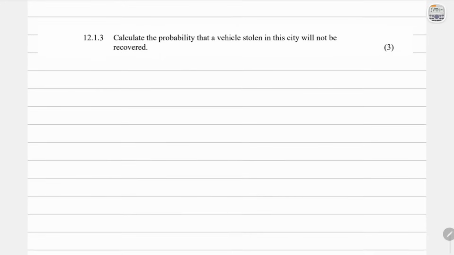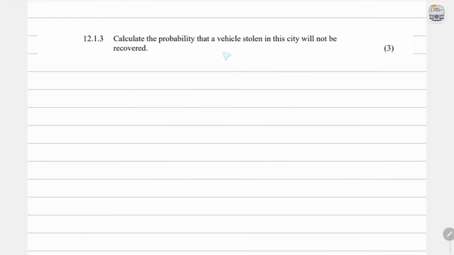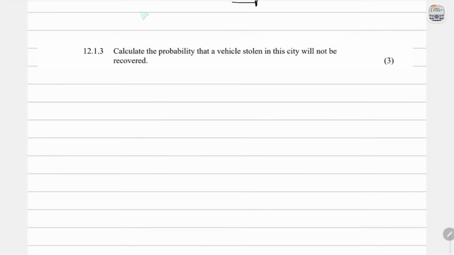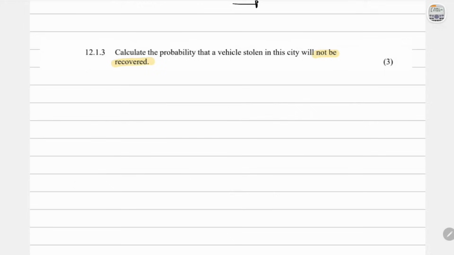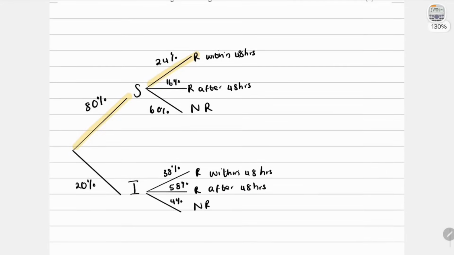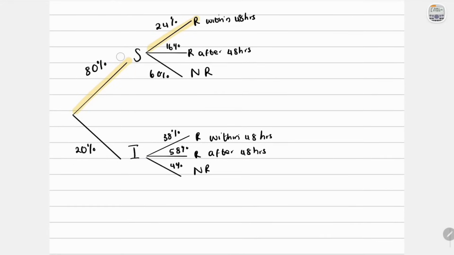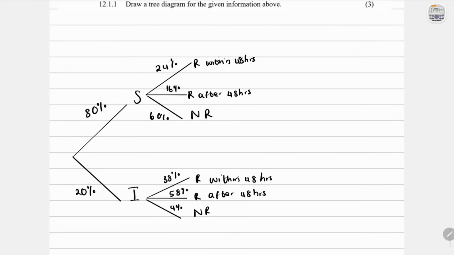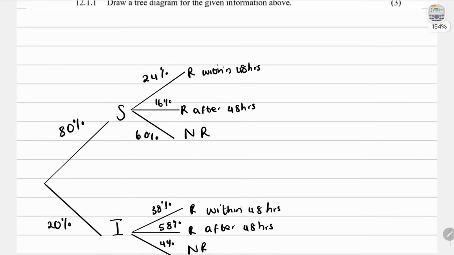Question 12.1.3 says, calculate the probability that a vehicle stolen in the city will not be recovered. Okay, so this is regardless of whether it was stolen by an individual or a syndicate, it's just not going to be recovered. So here's how we can find this. We're going to look for all the branches that pair with not recovered.